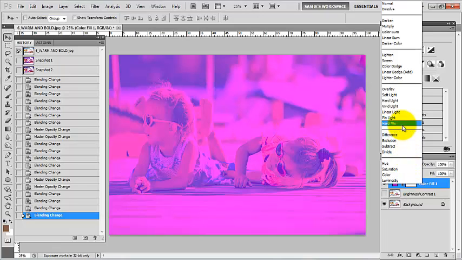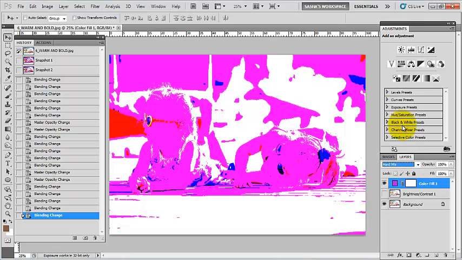Now this one is a little bit unique because you're only going to see 8 colors with this blend mode. And the 8 colors that you could potentially see with this blend mode are red, green, blue, cyan, magenta, yellow, black, or white.